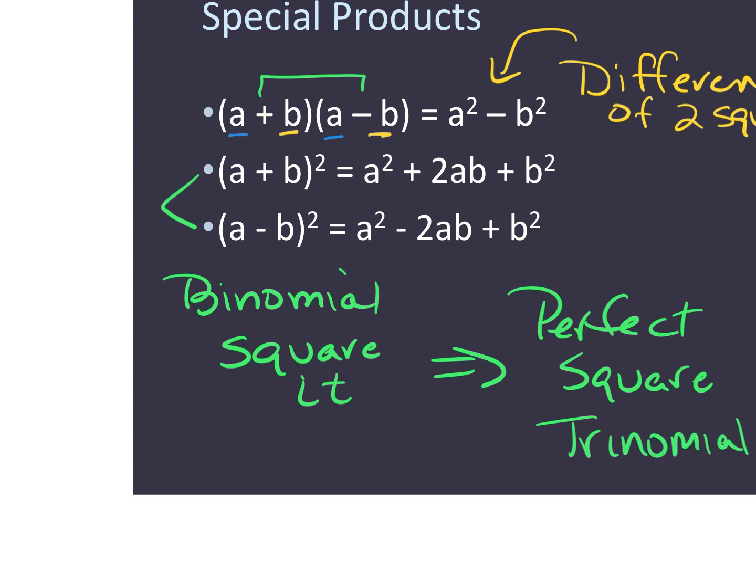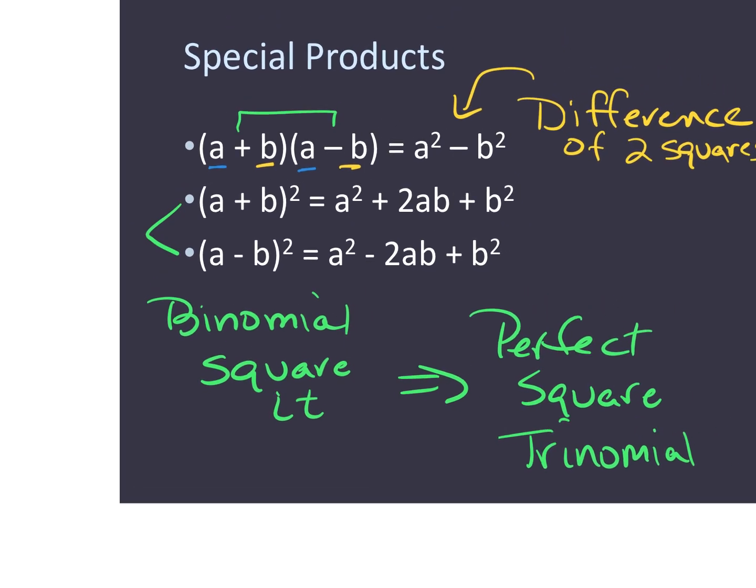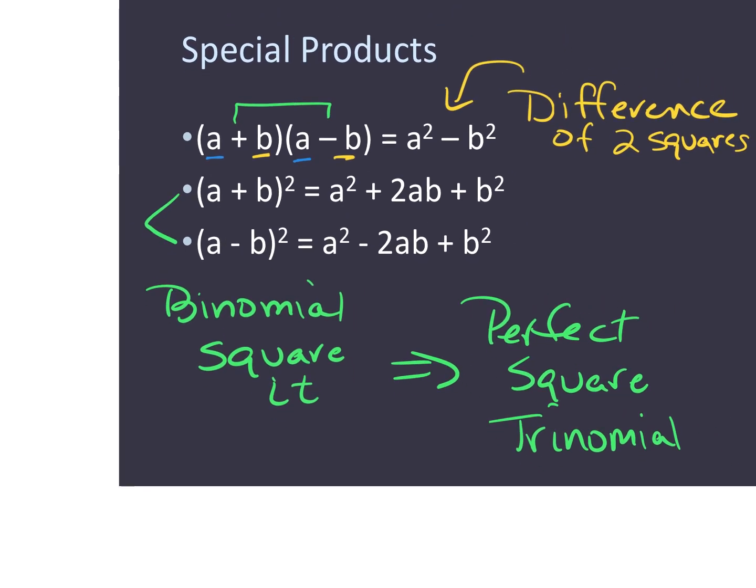Now again, I'm not going to test you on any of this vocabulary. Just understand that these are terms that you should have seen before, and you can either choose to memorize the pattern or just take the binomials and FOIL it or distribute it. It really doesn't matter.